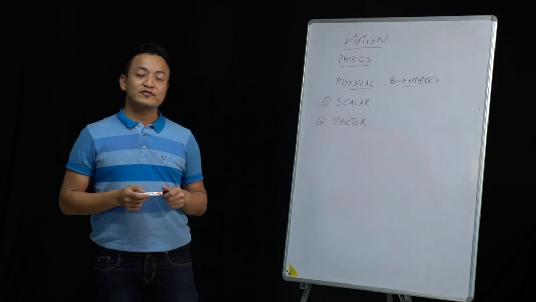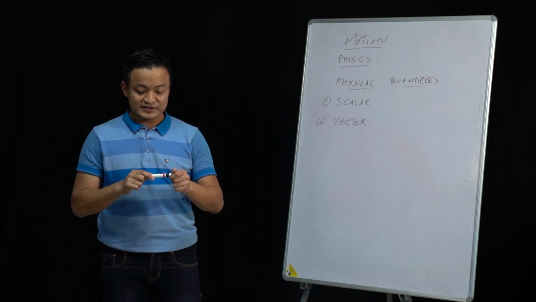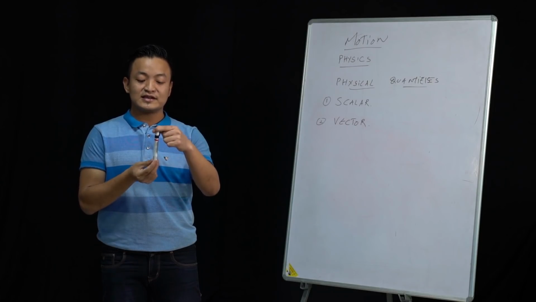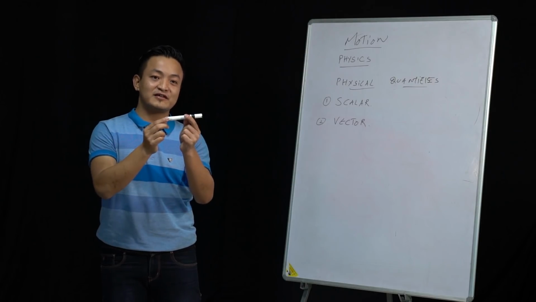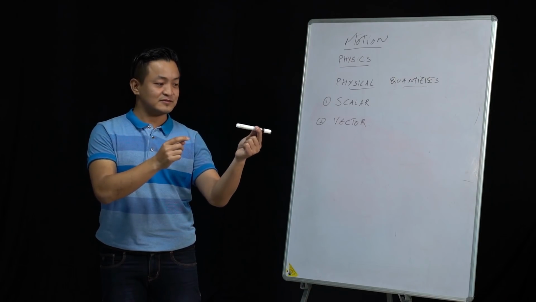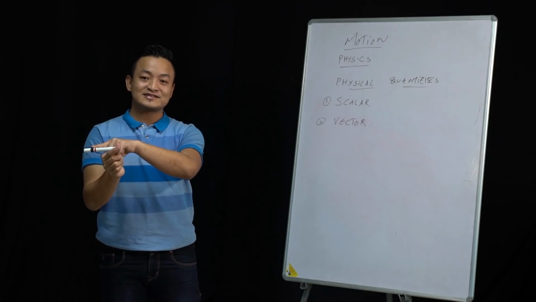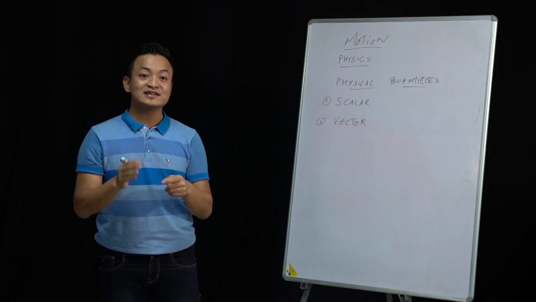When I say independent of direction, I'll give you a very simple example. Let's take this marker, okay? Let's say the length of this marker is 10 centimeter. I change the direction towards the right, it's still 10 centimeter. I change the direction towards the left, it's still 10 centimeter. So irrespective of the direction, the length is still the same.